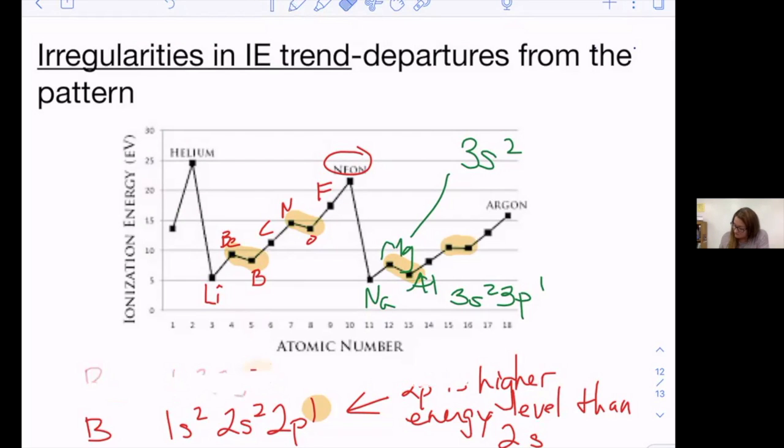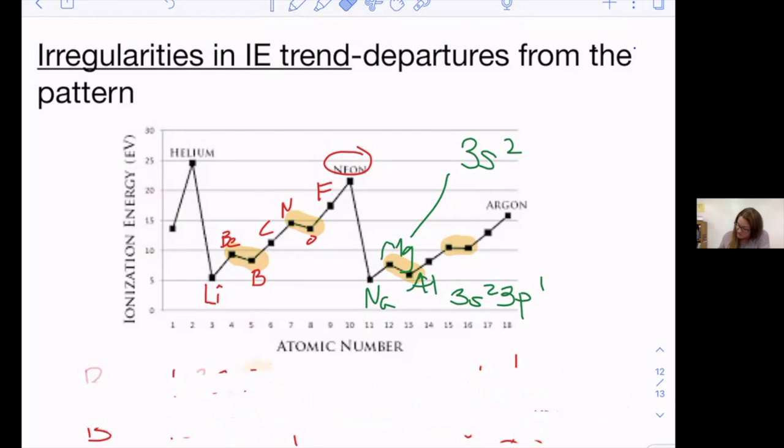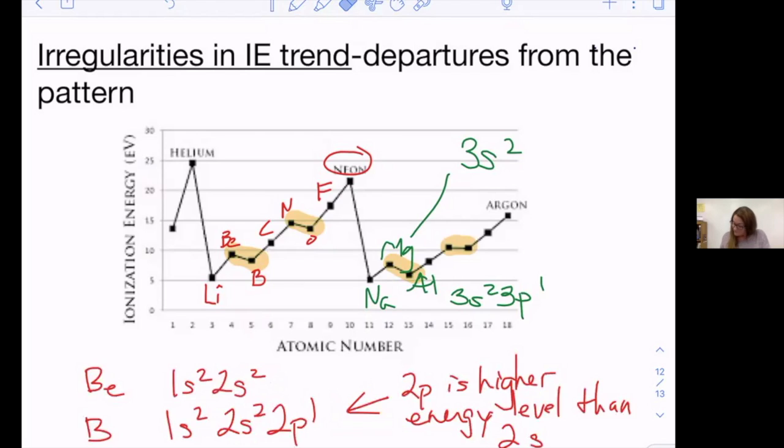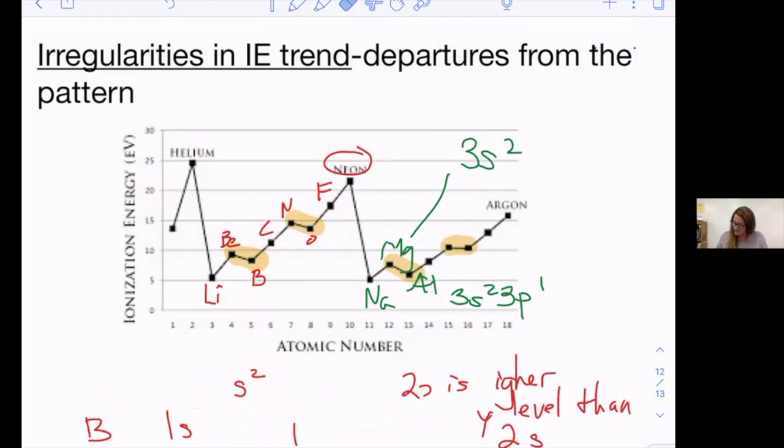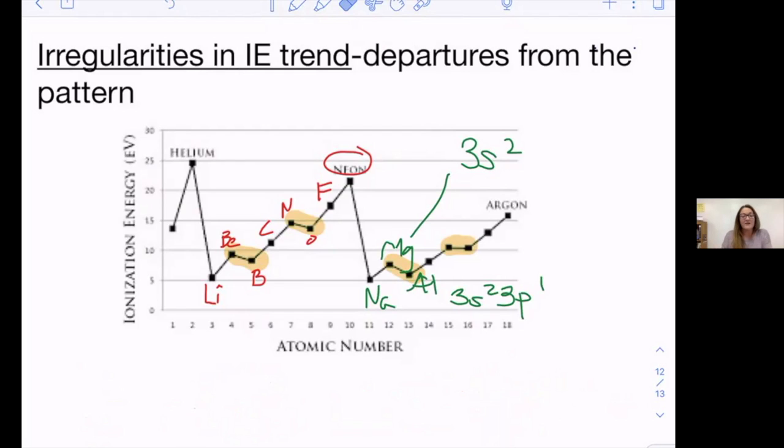We also need to look at the difference between nitrogen and oxygen, which is going to be analogous to the difference between phosphorus and sulfur. So over here, phosphorus, sulfur. So looking at nitrogen, 1s2, 2s2, 2p3.